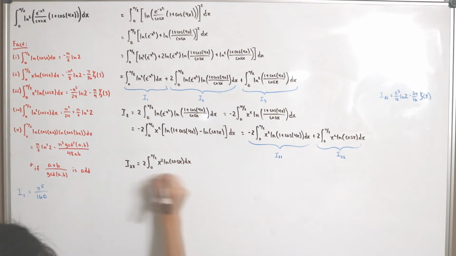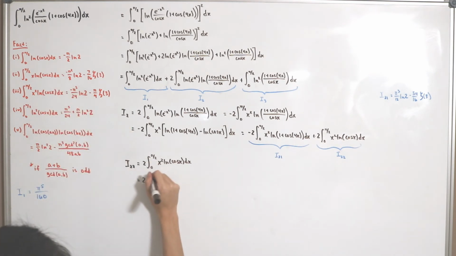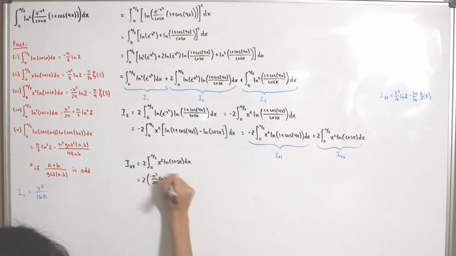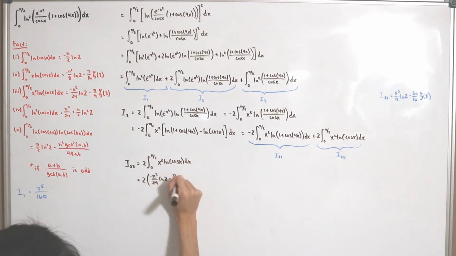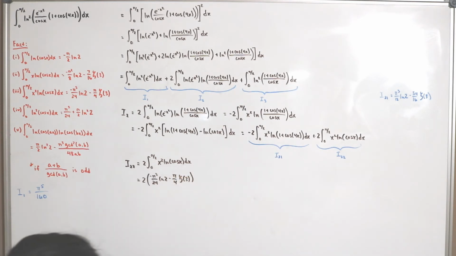In case you haven't noticed, it's actually just 2 times our fact number 3, so it's negative π³/24 ln 2 minus π/4 of our a priori constant 3. And this is simply justified by fact number 3.